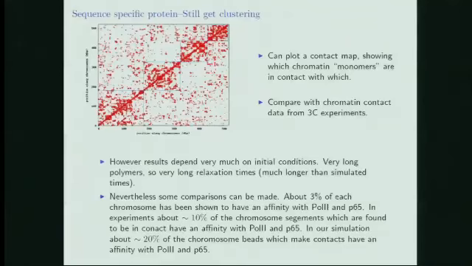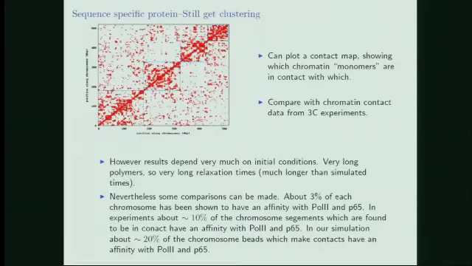And these blue lines separate the four different chromosomes which we looked at in the simulation, and you can see there are a lot of contacts within each chromosome, and then there are also some contacts between the chromosomes.